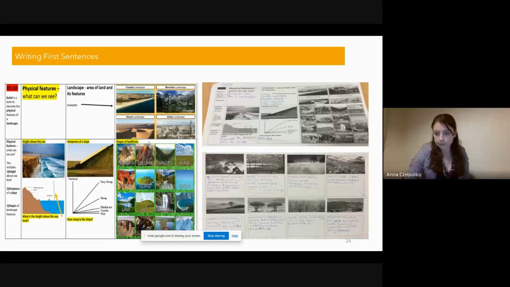And if you can see in the corner, students were given illustrations where they had to use the vocabulary provided to describe those pictures. So they already had prompts, which were extremely helpful because it's just a way of using them and identifying the same features in the pictures.